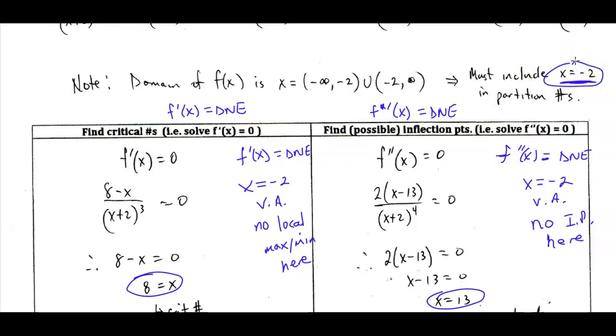So the three numbers that we're going to use to break up the domain of our function into intervals are, of course, -2, 8, and 13. And -2 will naturally be used as a partition number because of the vertical asymptote there.